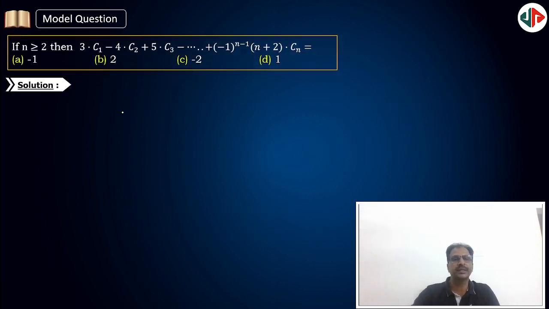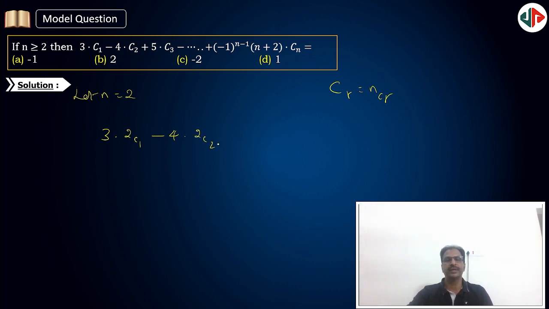Next, if n is greater than or equal to 2, then the value of 3 into C1. See, CR means nCr. Given that n is greater than or equal to 2, I am taking n is equal to 2. Then the given expression becomes 3 into 2C1 minus 4 into 2C2.